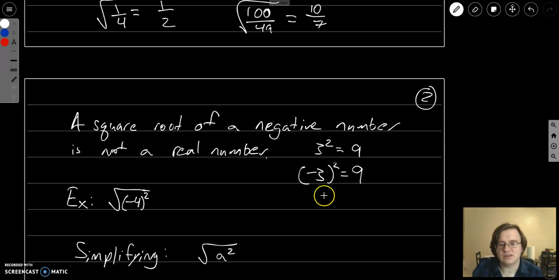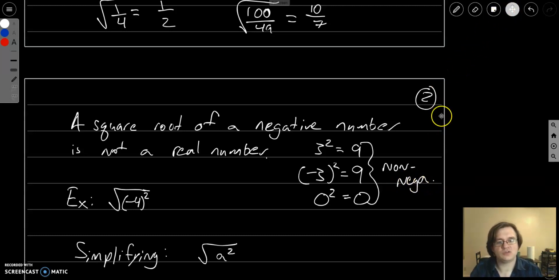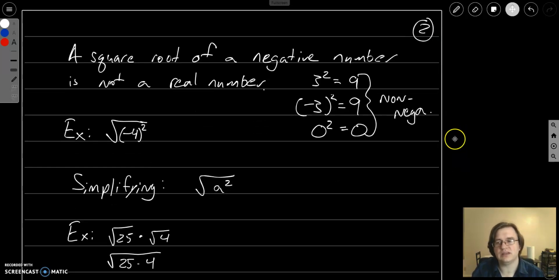The smallest that we can get is if we square 0, we get 0. But you'll notice that you'll never get a negative number. These are all non-negative. So if you try to take the square root of a negative number, you won't get a real number, but we will discuss ways to talk about this in a later chapter.